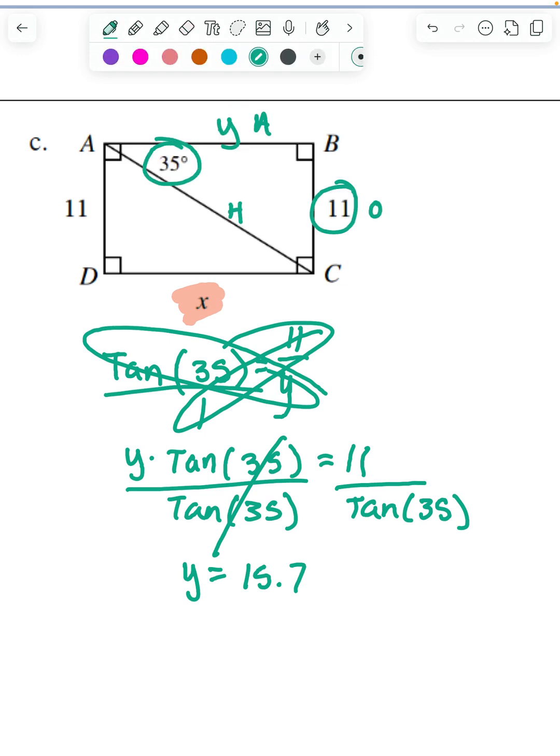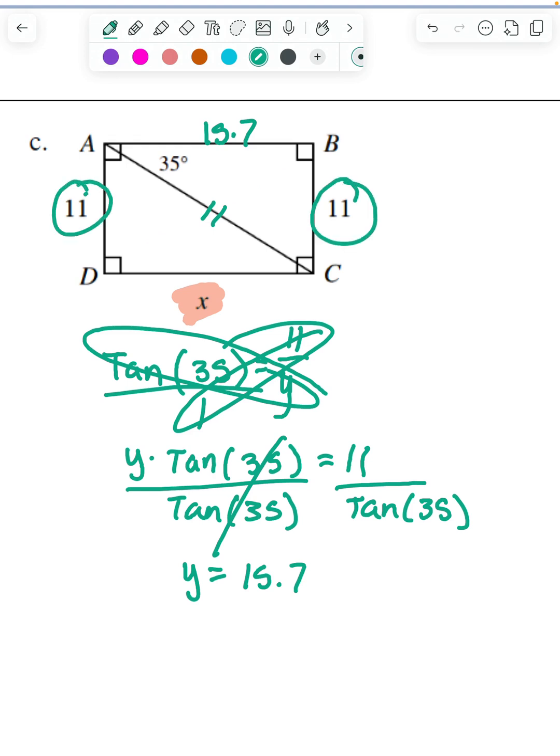So we found that side. I'm going to do a little bit of erasing real quick. This side is 15.7. We do have congruent angles, but this one is actually going to be a hypotenuse leg congruency problem because we have a shared side here that happens to be a hypotenuse because it's across from the right angle.